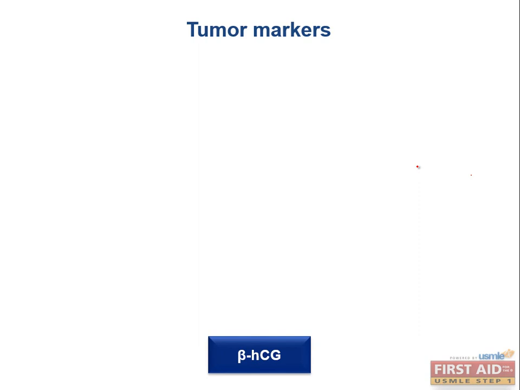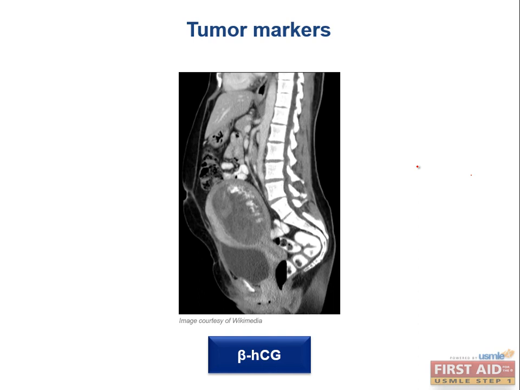When do you test for this normally? For pregnancy, right? This is beta-human chorionic gonadotropin, and it's normally released by the placenta. So, what type of cancers are associated with the placenta? How about a hydatidiform mole and choriocarcinomas? So, too much placenta, when it gets out of control, that's when we see that.